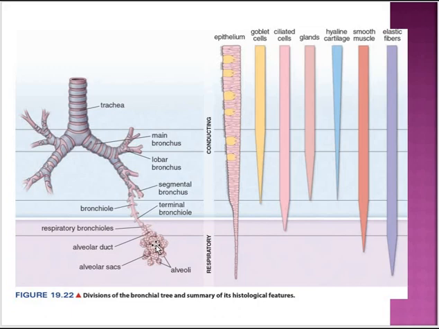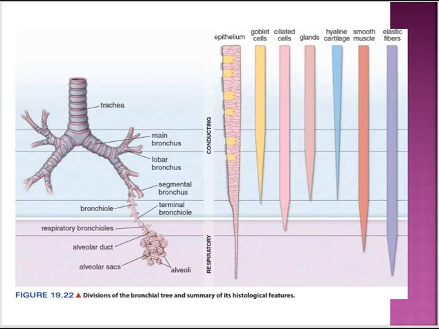So here I will tell you something concerning the histology of the bronchial tree as it progresses from the primary bronchi till the bronchioles, till the terminal bronchioles. As you can see here, the size of cartilage and glands will decrease, and then the percent of goblet cells and the epithelial thickness decrease.